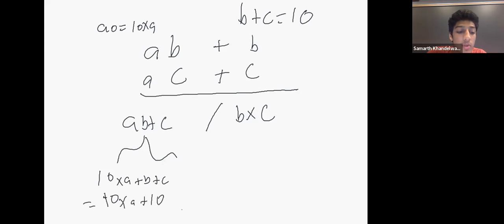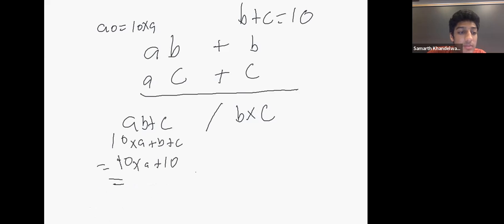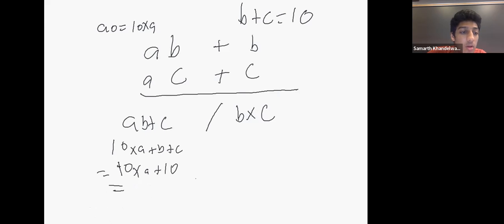Now, can one of you tell me what this is going to equal to? I want to say 11 times A, but nope, it's not 11 times A. Remember, this is algebra. So, okay, let's think of it this way. Right now we have an A number of tens, right?